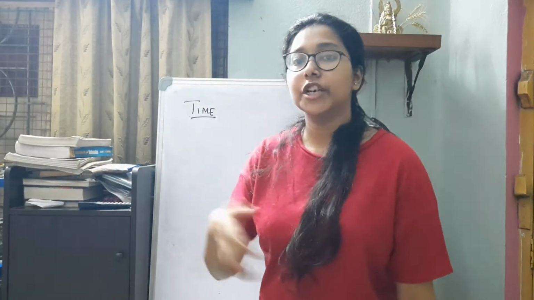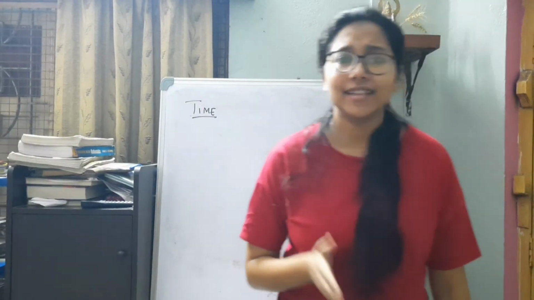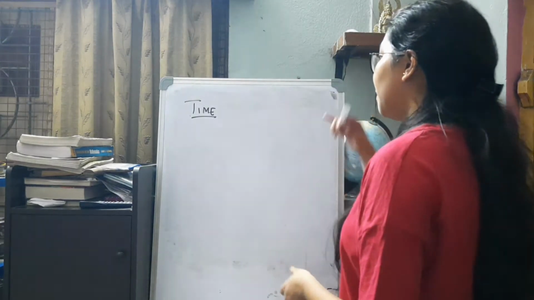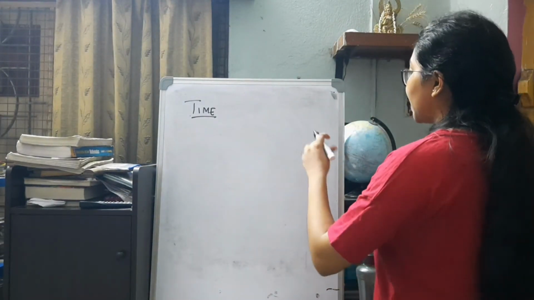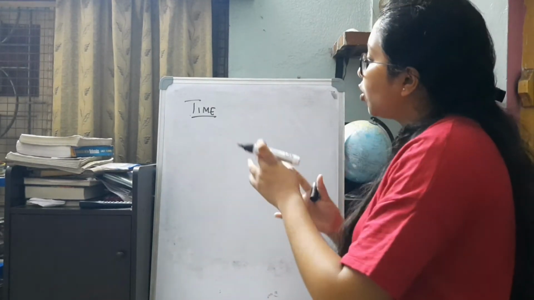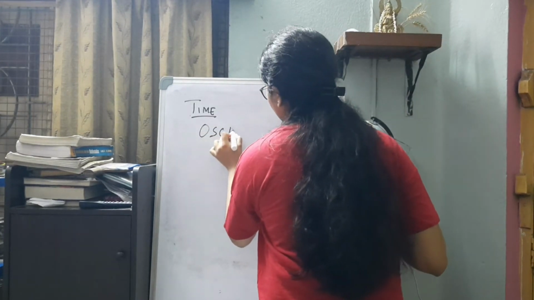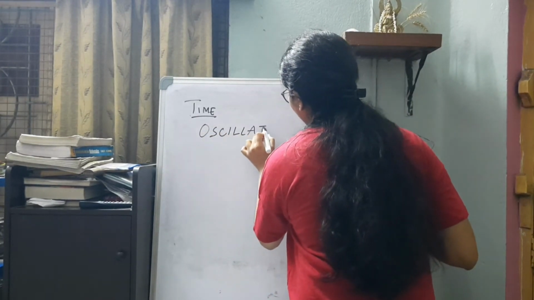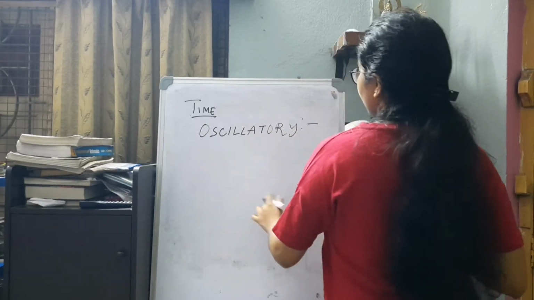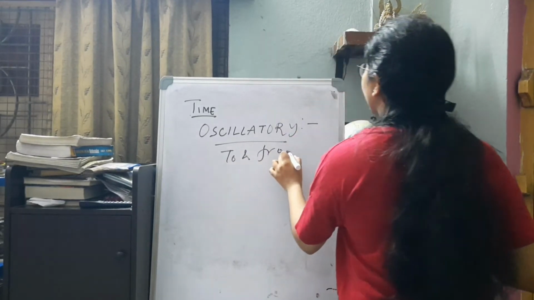For the measurement of time, we have already seen that the SI unit of time is the second. Time can also be used for the measurement of any to and fro motion. When we talk about oscillatory motion, like the motion of a swing, it is nothing but a to and fro kind of motion.